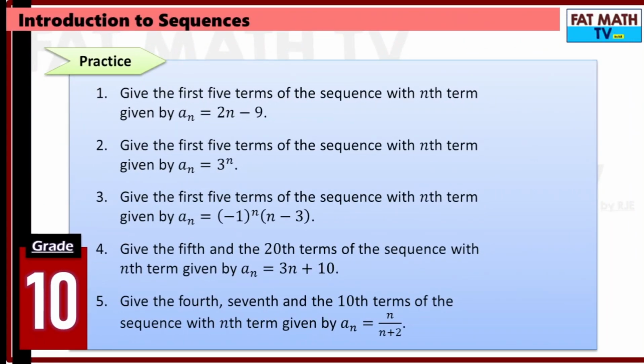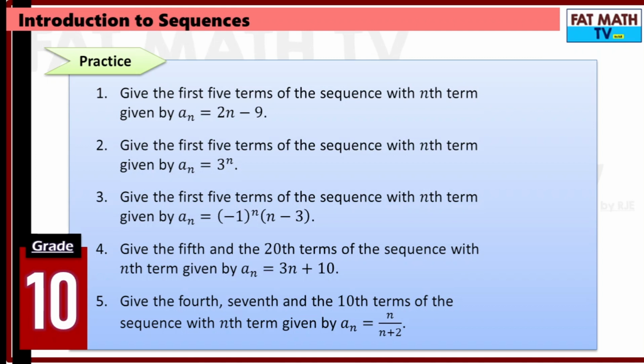Okay, for your practice, you can answer the following items. Number 1, give the first 5 terms of the sequence with nth term given by a sub n equals 2n minus 9. Just replace n with n equals 1, 2, 3, 4, and 5. Same with number 2 and number 3.